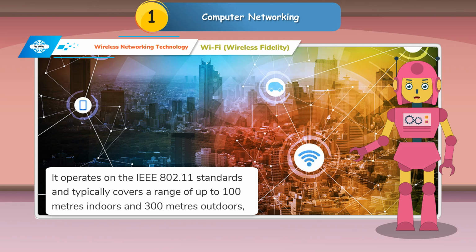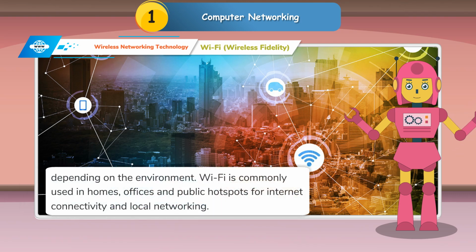It operates on the IEEE 802.11 standards and typically covers a range of up to 100 meters indoors and 300 meters outdoors, depending on the environment. Wi-Fi is commonly used in homes, offices, and public hotspots for Internet connectivity and local networking.